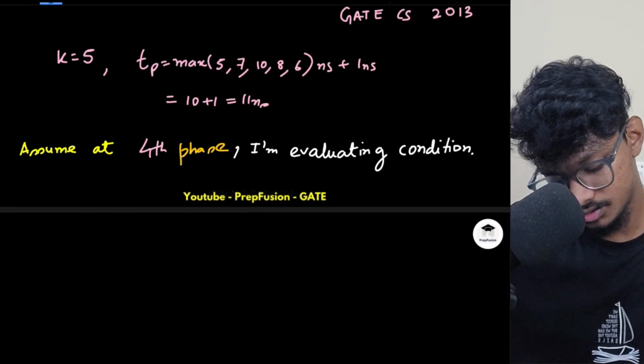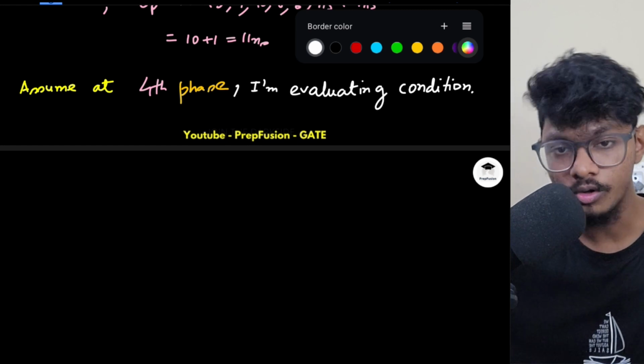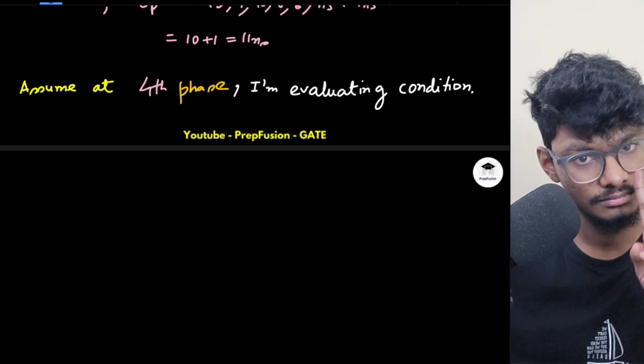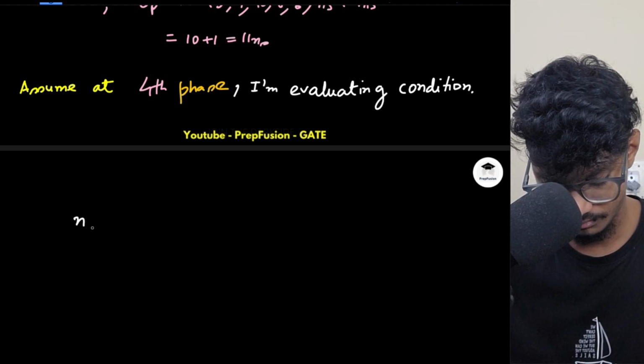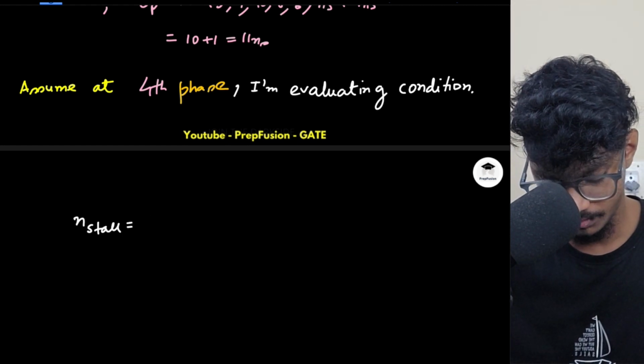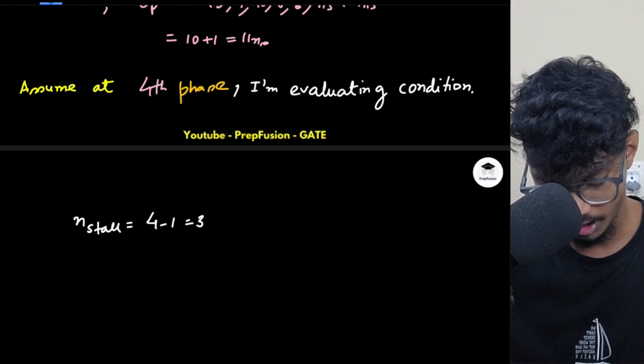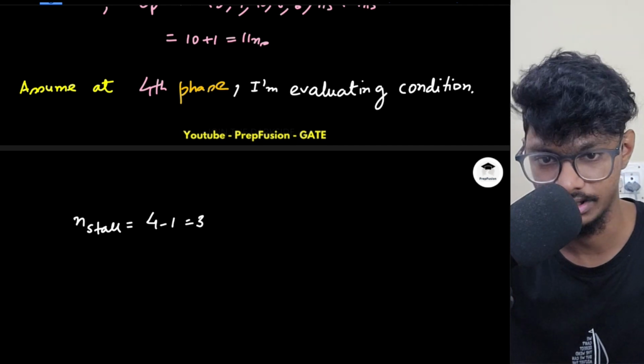Okay, so how many stall cycles do I need to give? 3. So n stall will be 4 minus 1, that is 3. How did this 4 minus 1 come? I have explained. I will not waste my time here.